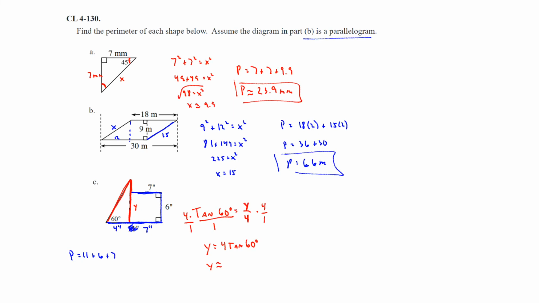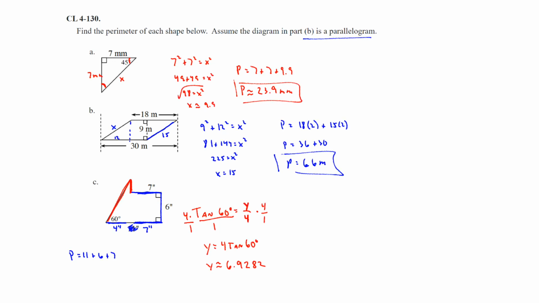So let's plug that in the calculator and see what we get. 4 times tangent of 60 will give us approximately 6.9282. So that's the y value, but really, remember when we go back here, we don't need all of that. We just need that little piece.